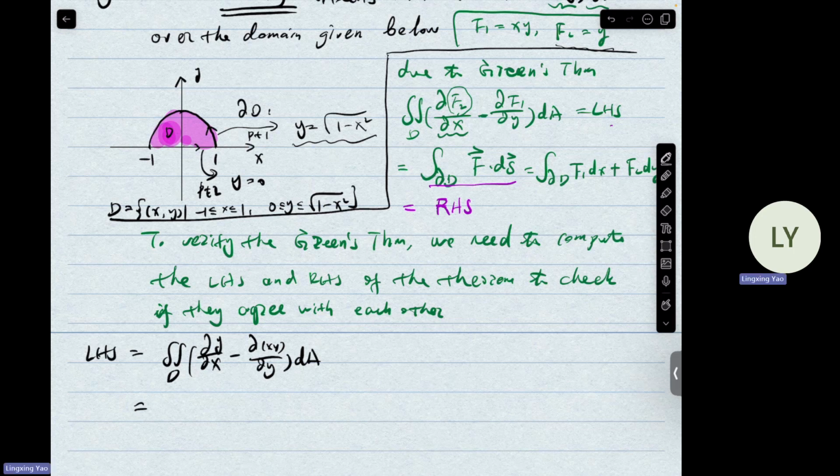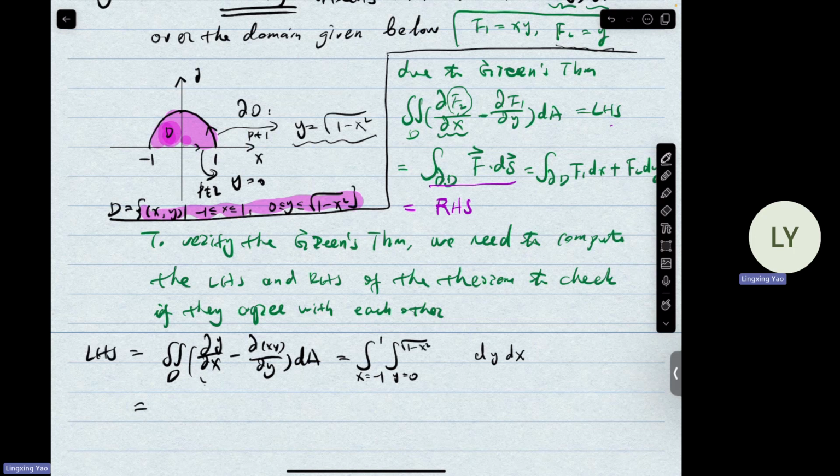Okay, now on the left-hand side, we can keep computing by treating this as a type 1 region. We fix x as the variable for the exterior integral from -1 to +1, and then for y, we integrate from 0 to the square root of 1 minus x squared.